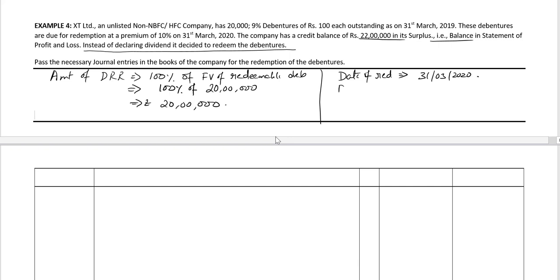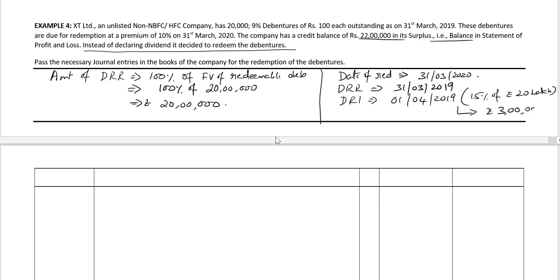So we will transfer to DRR on 31st March 2019 and make the investment in DRI on 1st April 2019, and the amount should be 15% of face value, which is 20 lakh rupees, which comes up to rupees 3 lakh is the amount of the investment to be made. We'll go ahead with the solution.